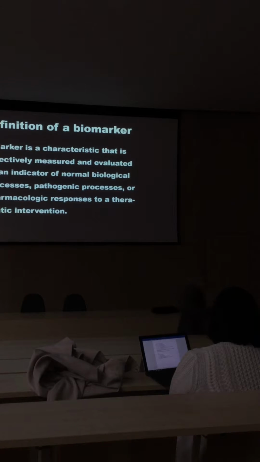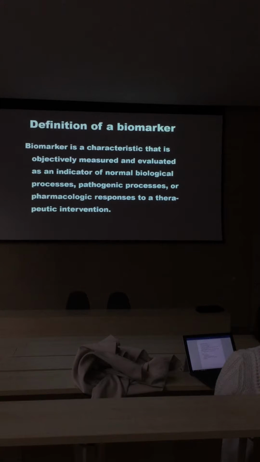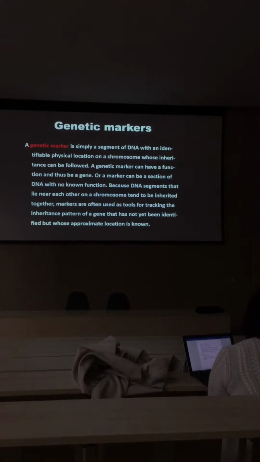So a quantitative value can be associated with a feature that we recognize as a characteristic feature of lung cancer, breast cancer, and so on. I won't go into this, but genetic markers are different.